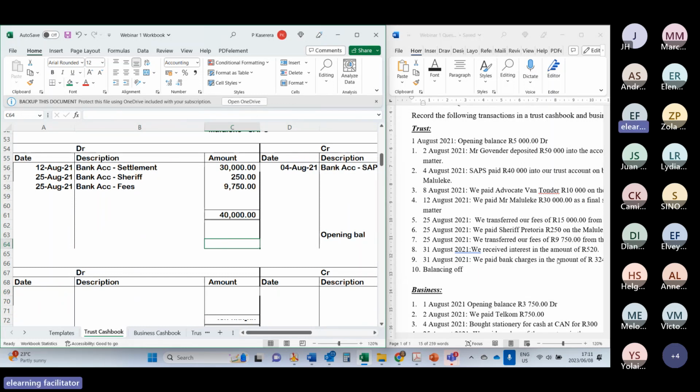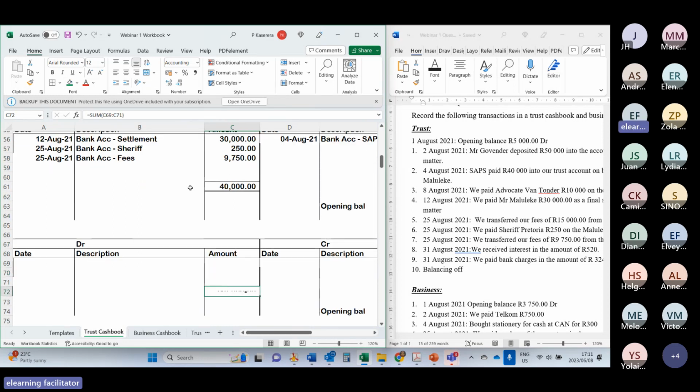We received interest in the amount of 520. So like what I've said, interest goes to the fund. So it is our Legal Practice Fidelity Fund.